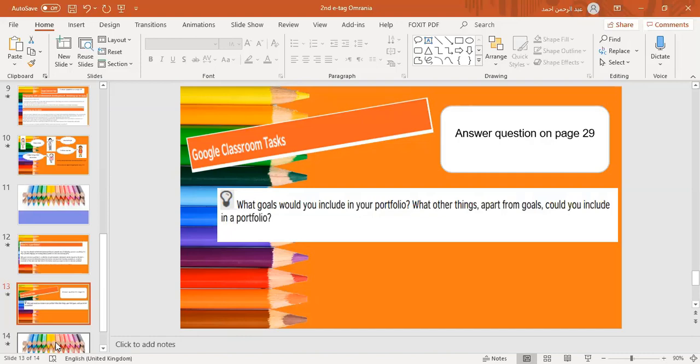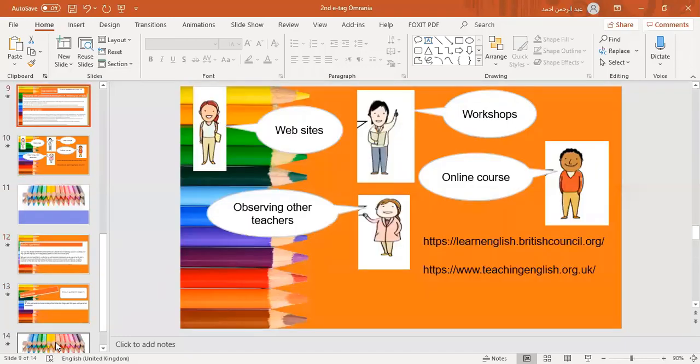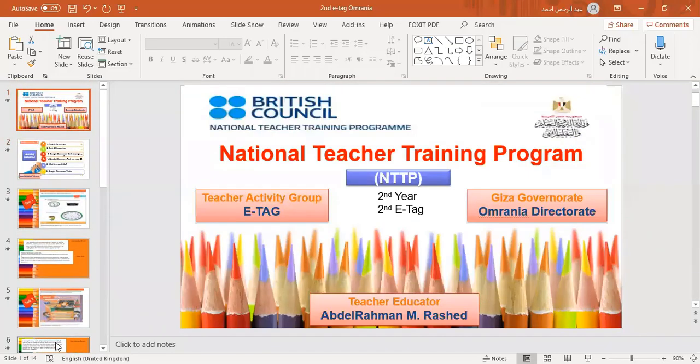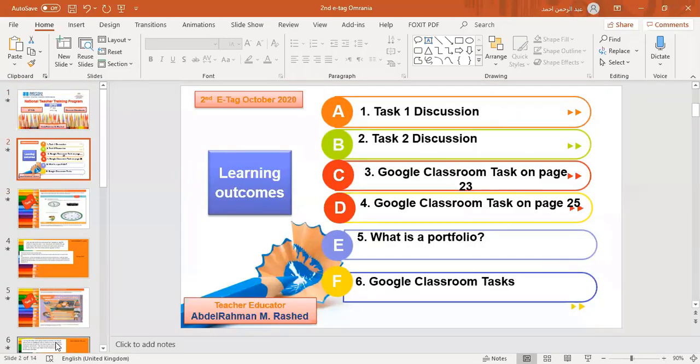I think this is a brief summary of our session today. We have already discussed these 6 points. First, we discussed the tasks you have already participated in. Task 1 related to how to teach the time. Task 2 was about how to teach a kind of party and a listing for glossary.